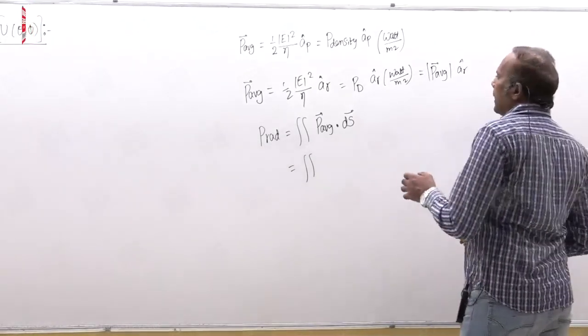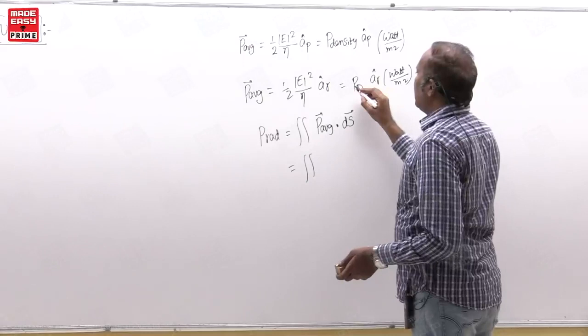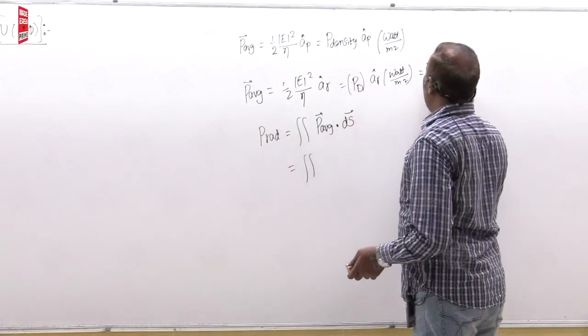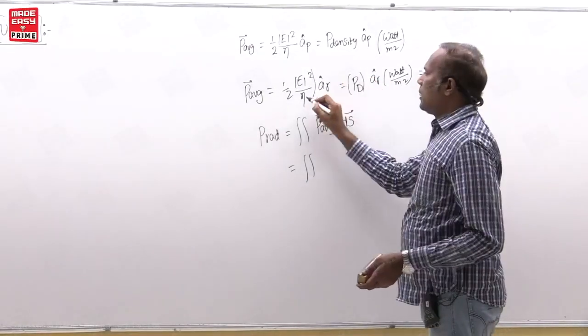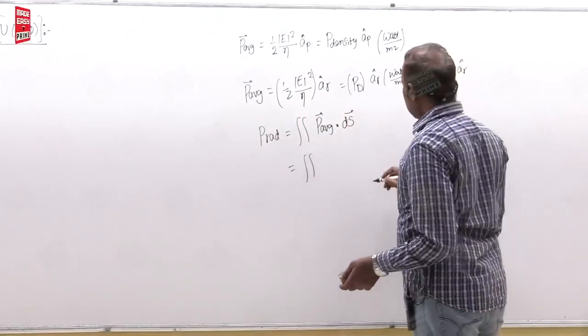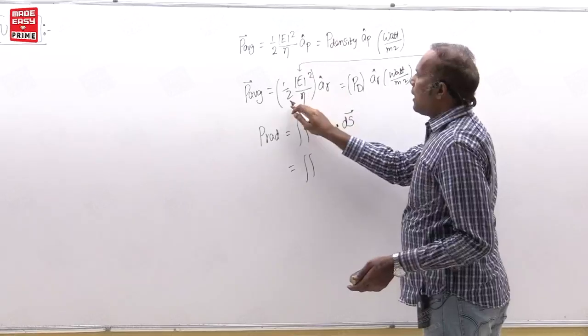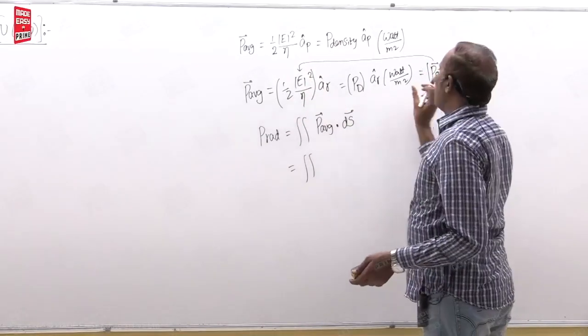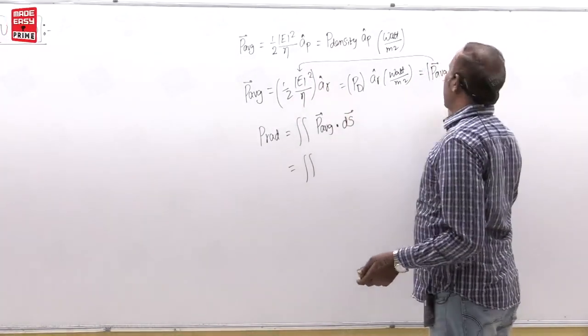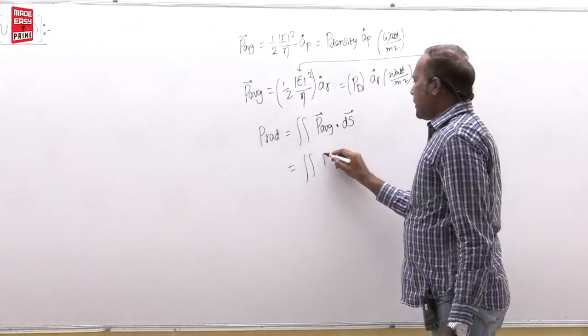See here, the power density and this one are all the same. So the modulus of the average Poynting vector means half mod E square by eta. So the modulus of the average Poynting vector into a_r. So I will write here like this.